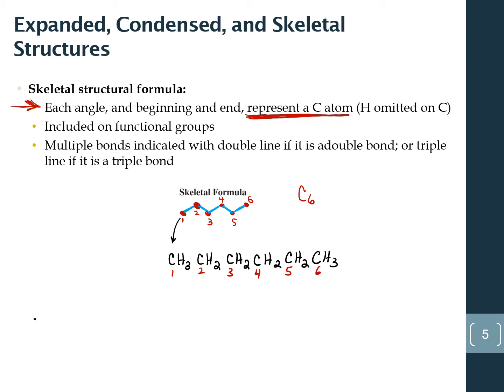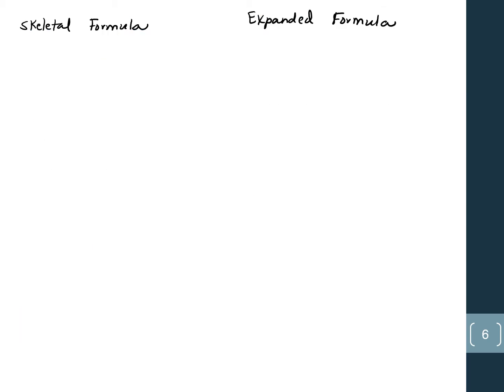So now I'm going to write down here C5H12, and you need to write down the skeletal formula for C5H12. I'm going to give you a couple of examples of skeletal formulas for you to transform to the expanded formula.